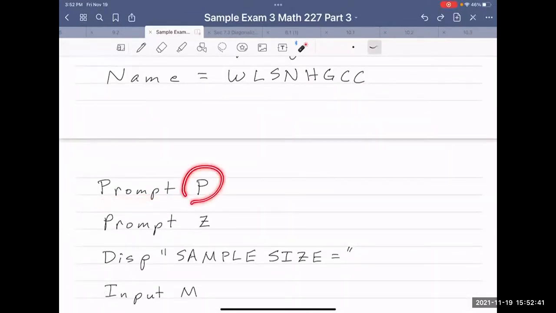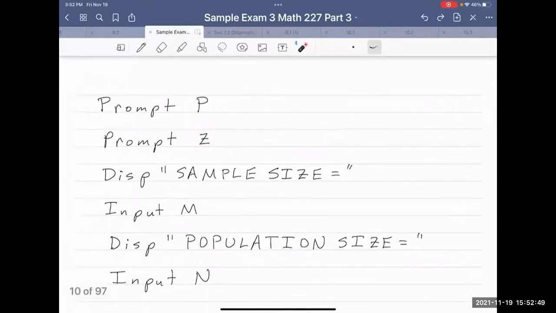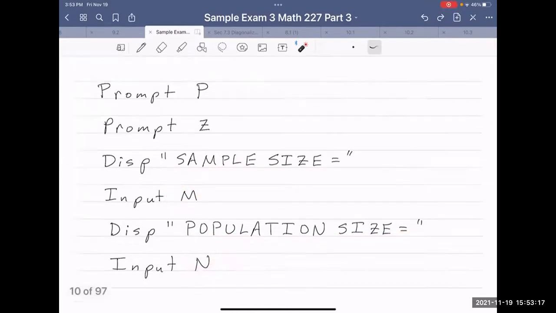We'll then ask you to input p hat, z, the sample size, lowercase n. Unfortunately, on the TI 83, 84, we can't do lowercase n's. So to distinguish it from the uppercase N, I'll just ask for the sample size and call it something M. Give me the population size, and I'll call it something N.